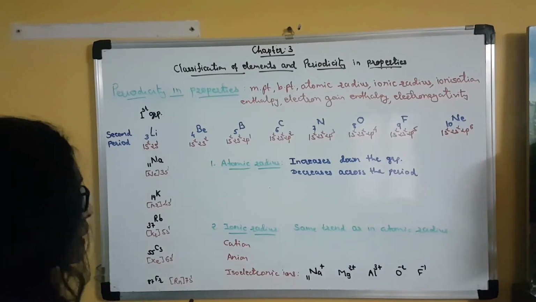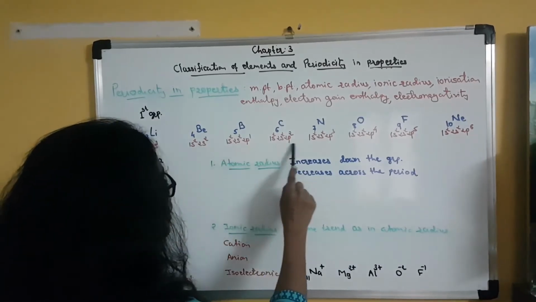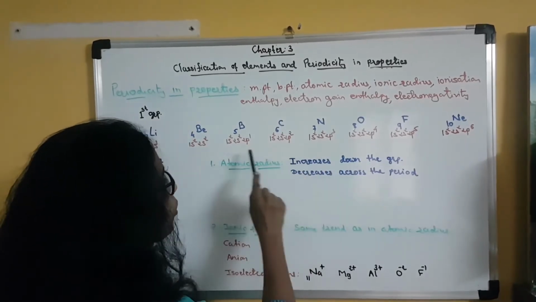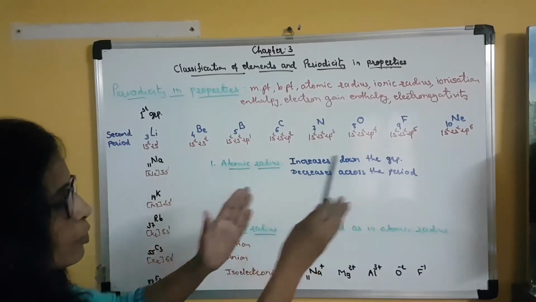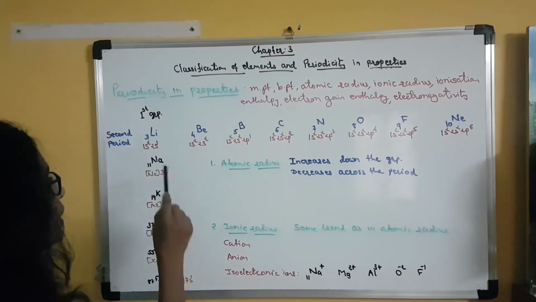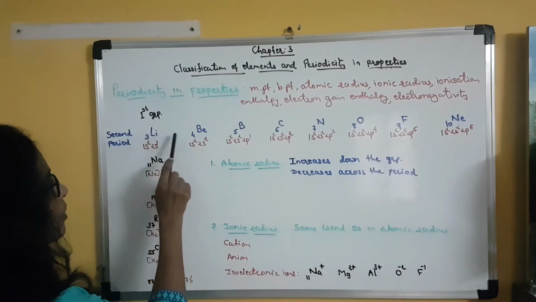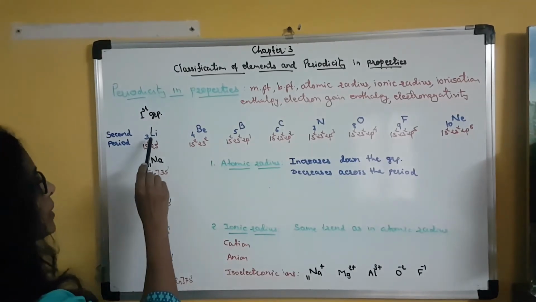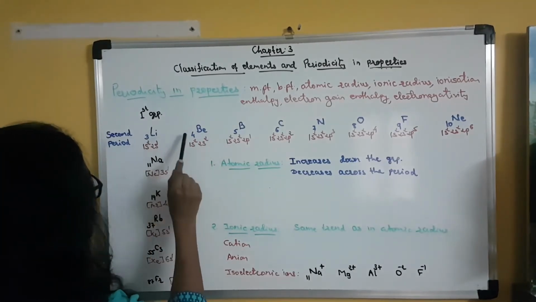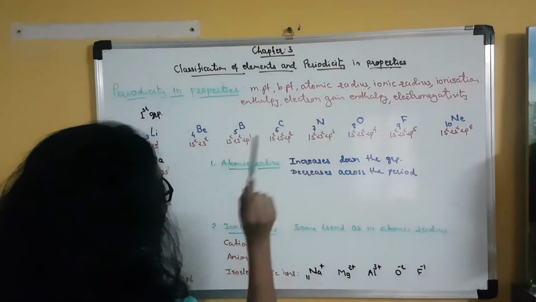Clear? But when we see the period, when we go across any period from left to right, the atomic number increases, just as it increases in the group. Clear?